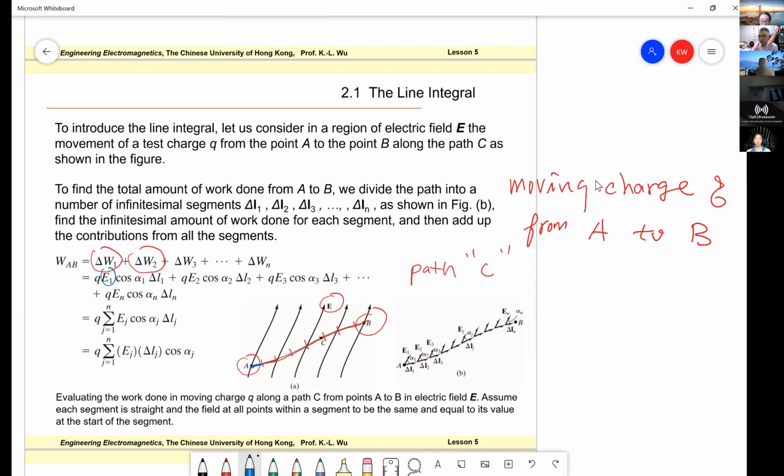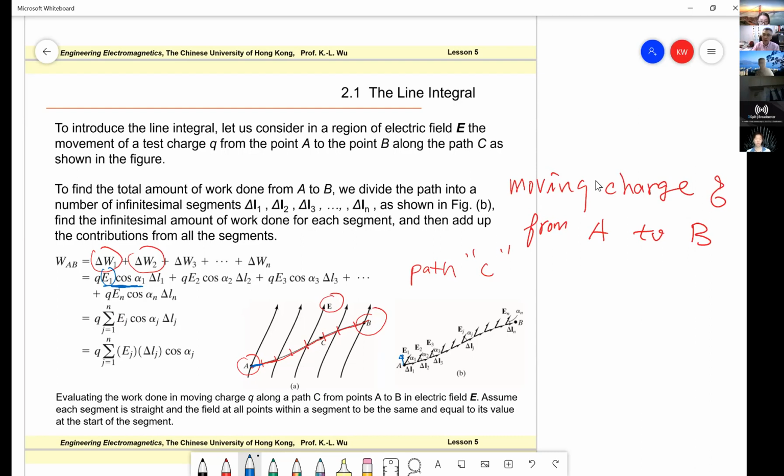Because the electrical field, I decompose into two components in this section 1: one is normal to the path C, and another is tangential to the path C. The normal component doesn't contribute to the work, because for the work I only take the force applied in the same direction as my movement.